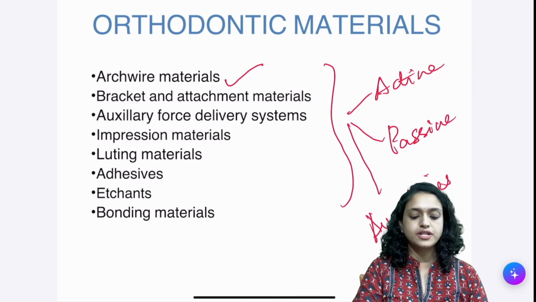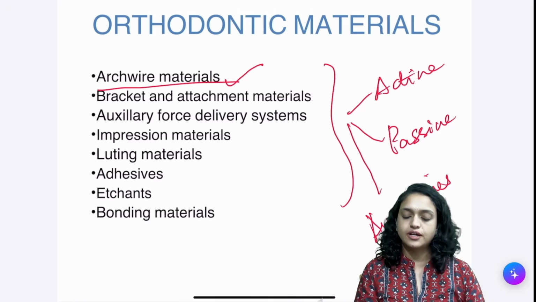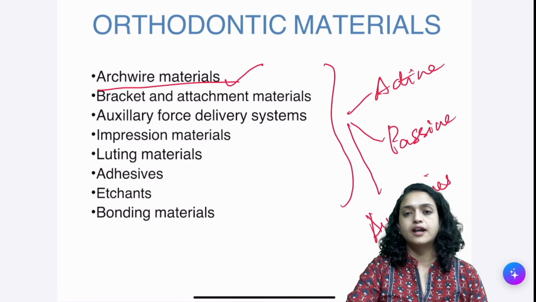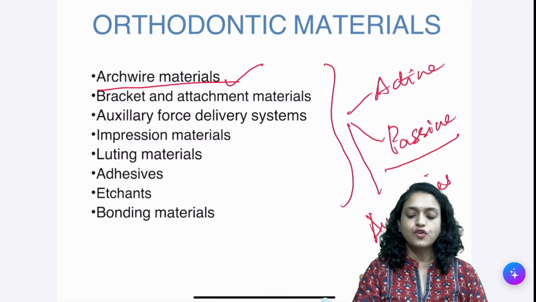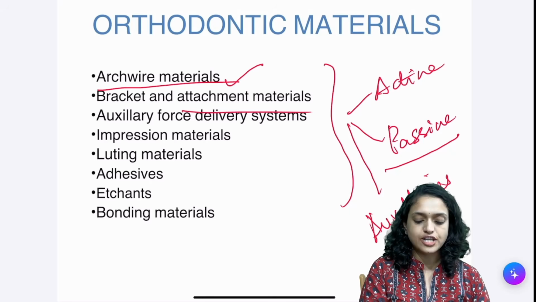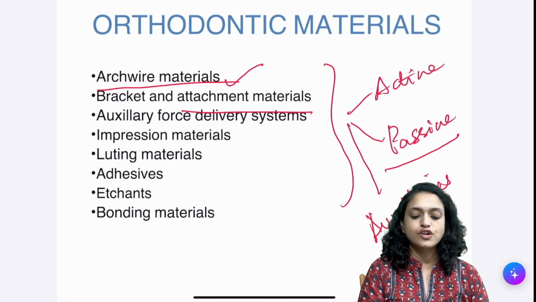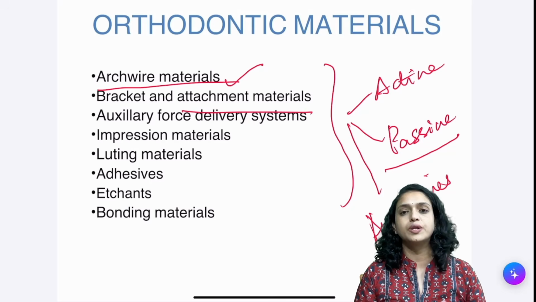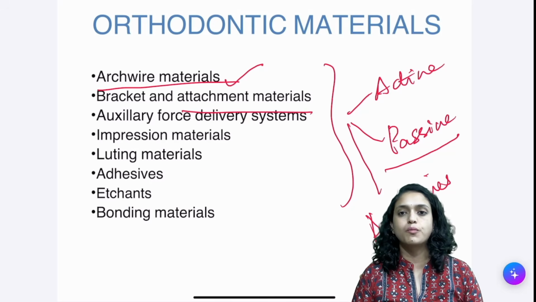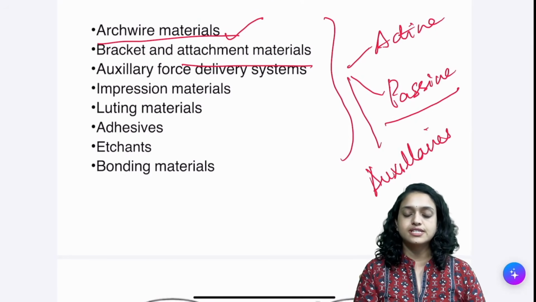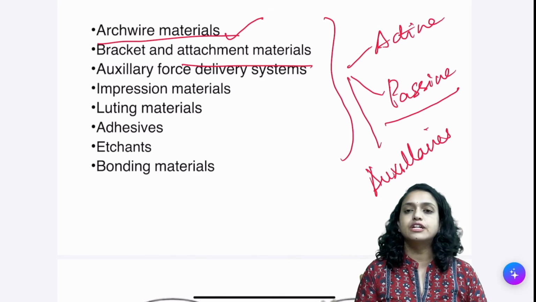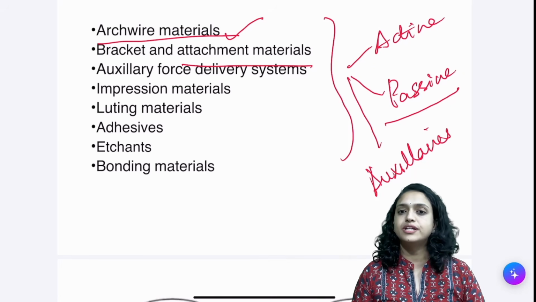Active components are your arch wires, nickel titanium coil springs, e-chains, and all those. Passive components are your brackets and attachments. And auxiliaries are auxiliary force delivery materials, your impression materials, your cements, your bonding composite, your etchant. All those things come under auxiliaries.